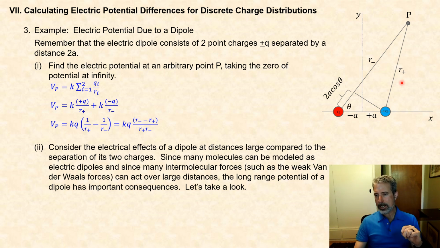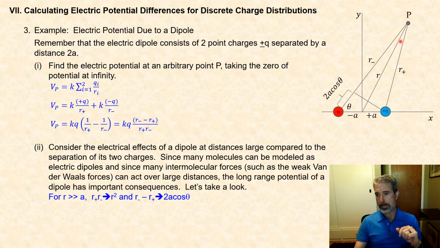True, R minus is always going to be a little bit bigger, but for very large distances, the difference in distance is insignificant. So for r much greater than a, this product r plus times r minus, we're going to write as r squared.